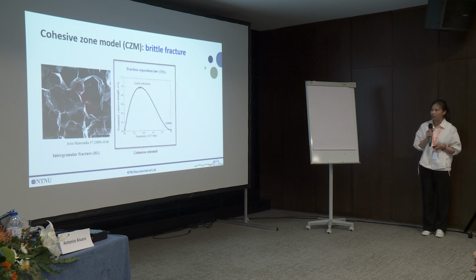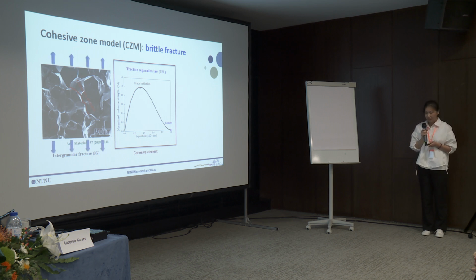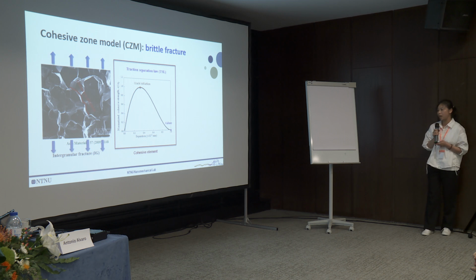The mechanical behavior of the cohesive elements is described by a traction separation law, such as this polynomial one. Upon loading, the stress inside the cohesive element will increase until the maximum, which triggers crack initiation. When the separation of the cohesive element reaches the maximum, final fracture occurs.